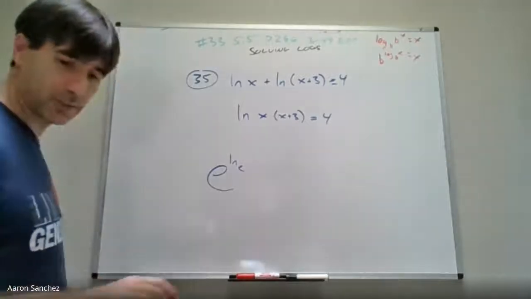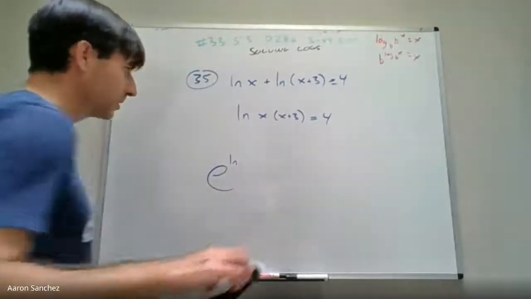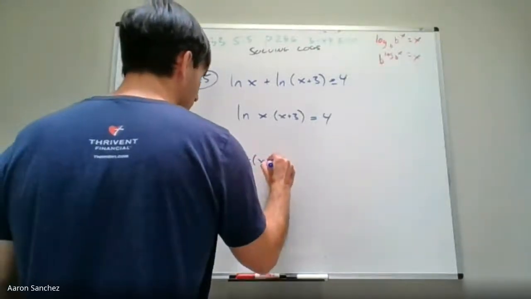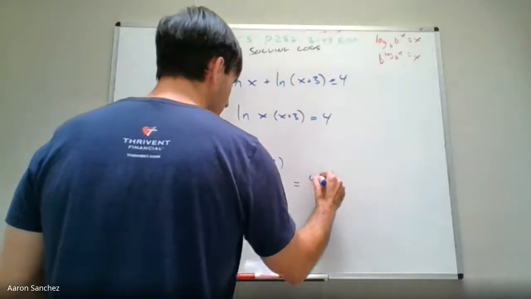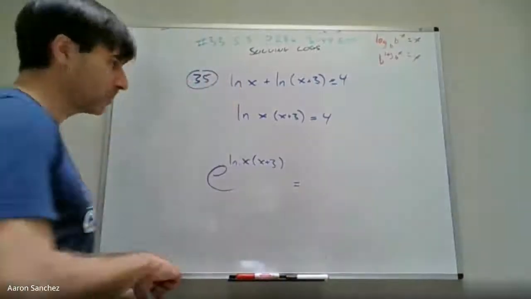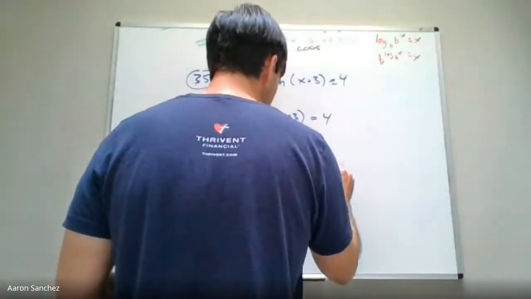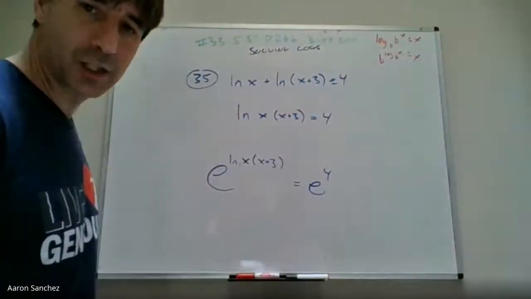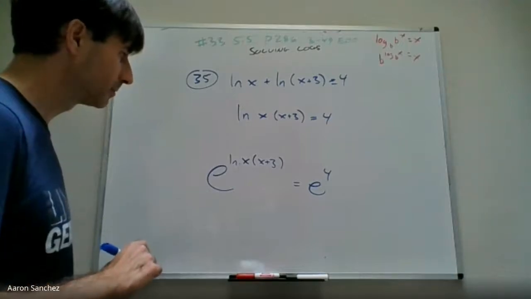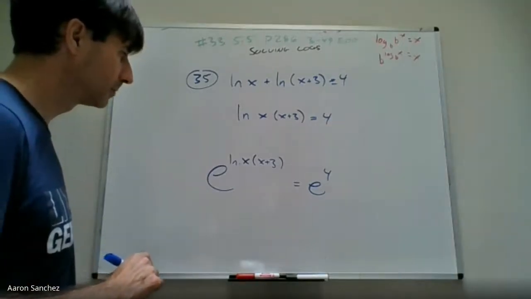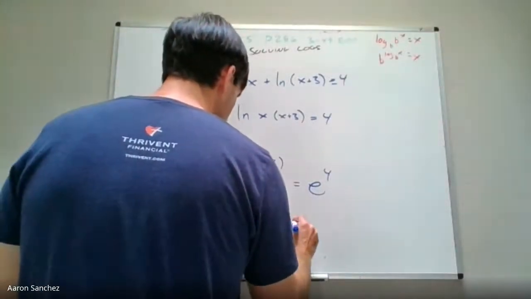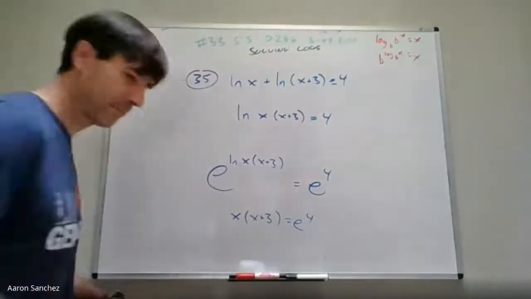So the natural log has a base of e, to the x times x plus 3 equals, oh, if I put an e on the left, I have to put a big e on the right, to the 4. And this is going to be x times x plus 3 equals e to the 4.